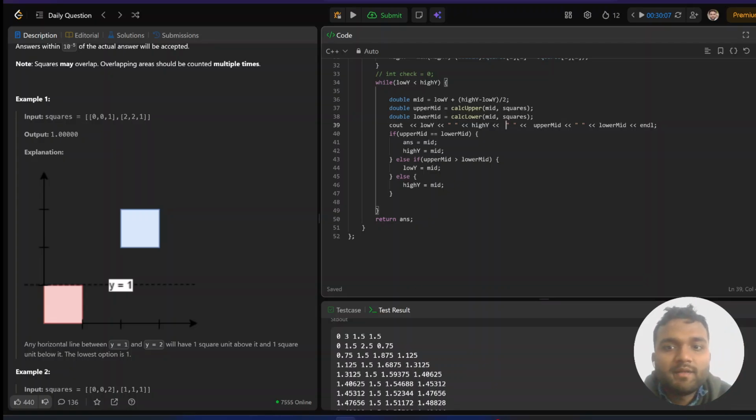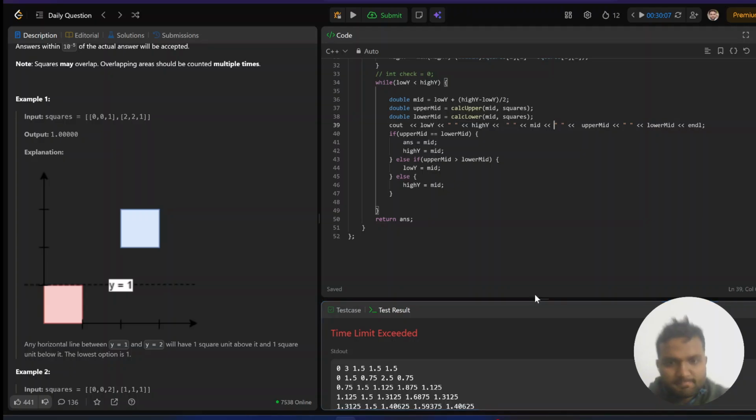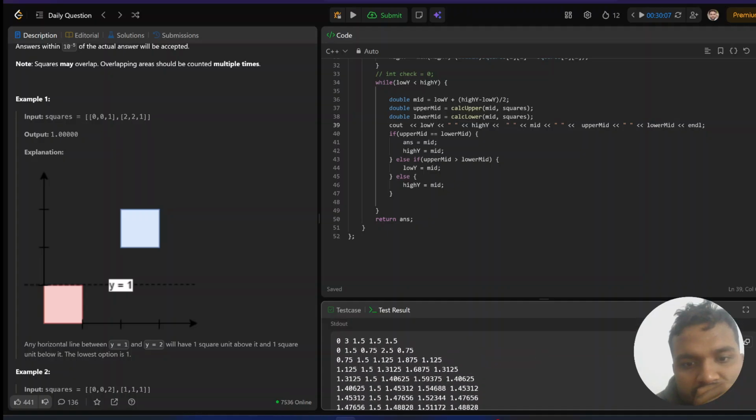Can I have a mid here also? Hmm, low high, area becomes equal. Low high 0.75.